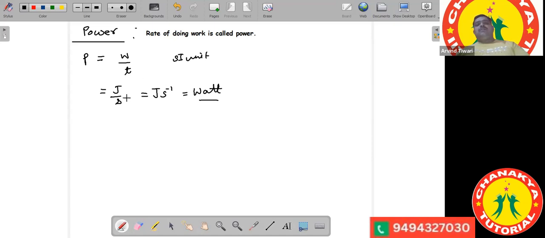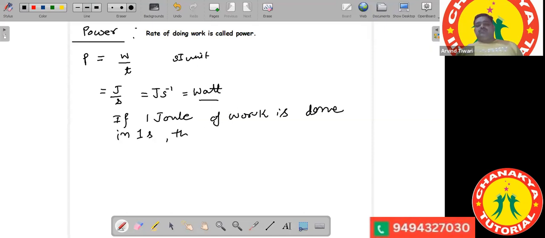Now, if I define this, what is 1 watt? I can define 1 watt as: if 1 joule of work is done in 1 second, then the power of the device is said to be 1 watt.